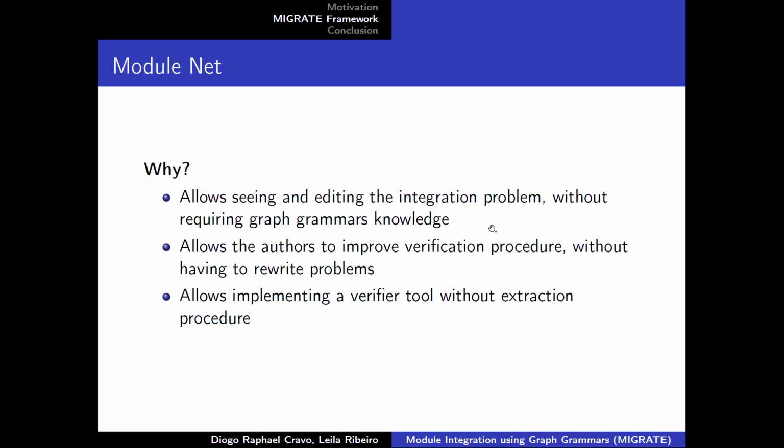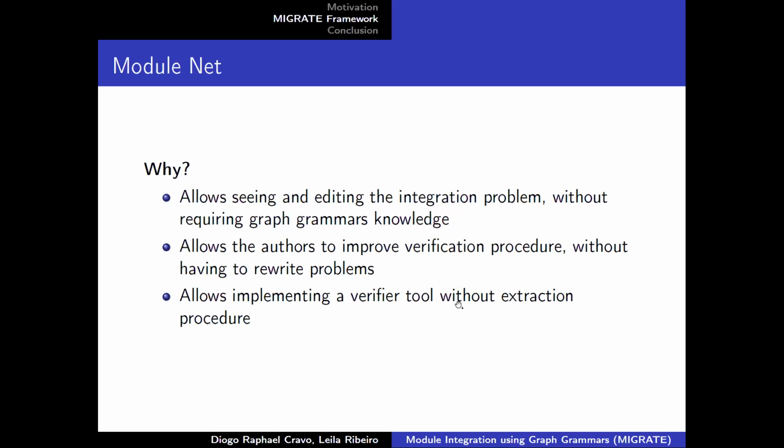That's because it allows users to see the integration problem without knowledge of graph grammars. Now, graph grammars are very intuitive, but in our case, MIGRATE needs those grammars to be created in a very specific way. And with module nets, we can abstract that problem away.